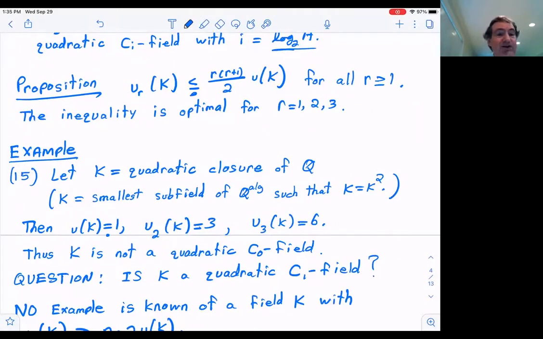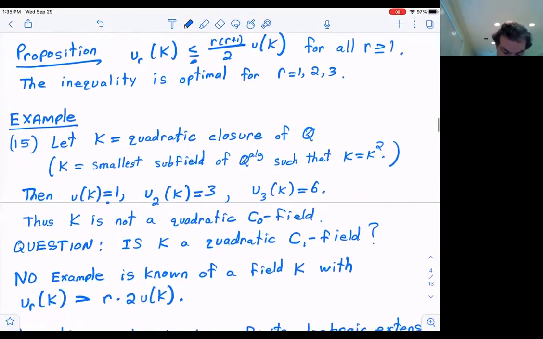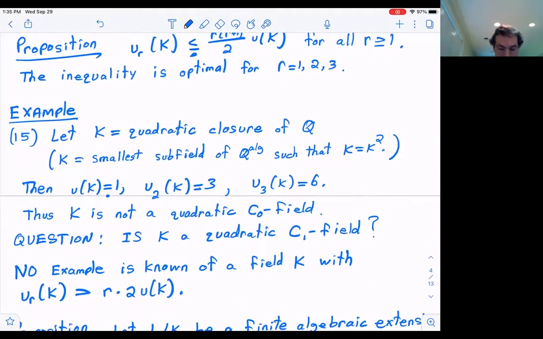For 4 quadratic forms, let's see. The proposition says 4 quadratic forms in 11 variables always have a non-trivial 0, 1 more than 10. Is it the case that 4 quadratic forms in 9 variables over the quadratic closure of Q always have a non-trivial 0? We don't know. So in fact, I'm sort of restating this question.